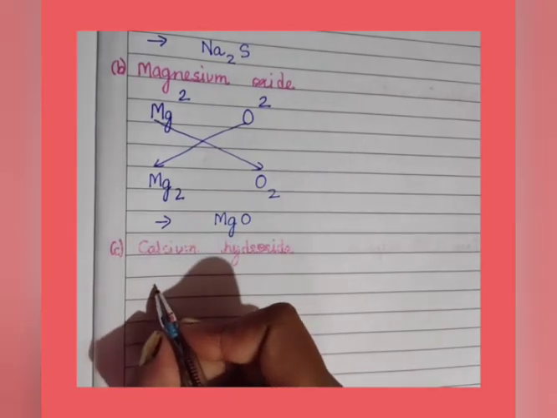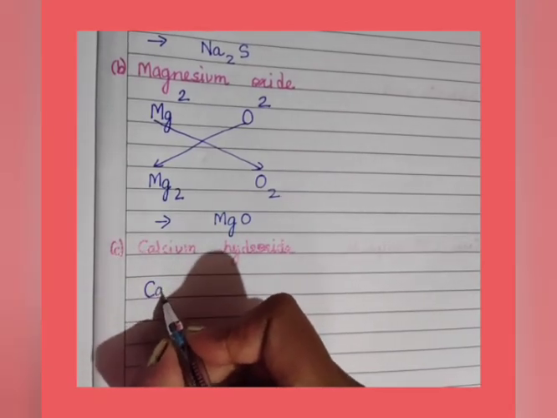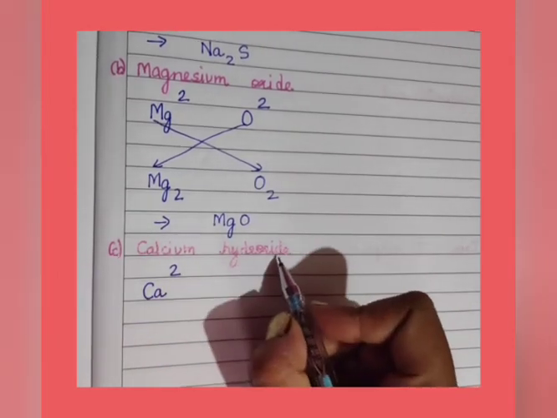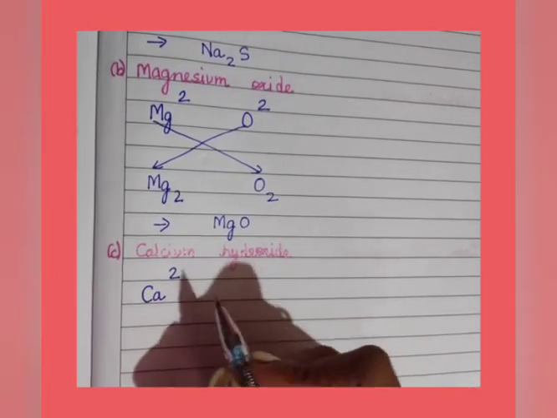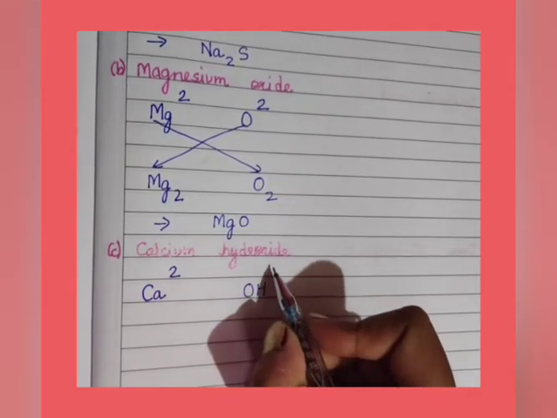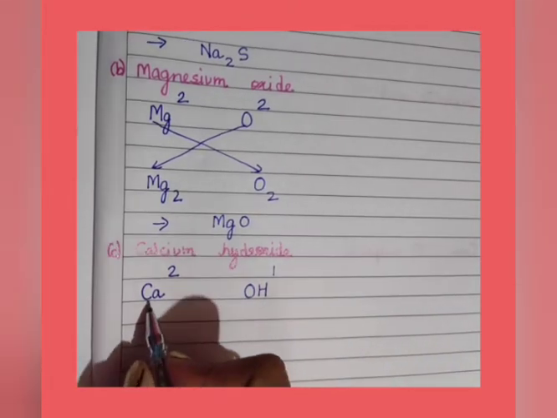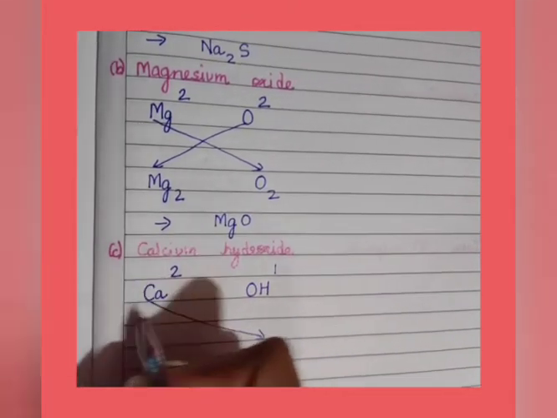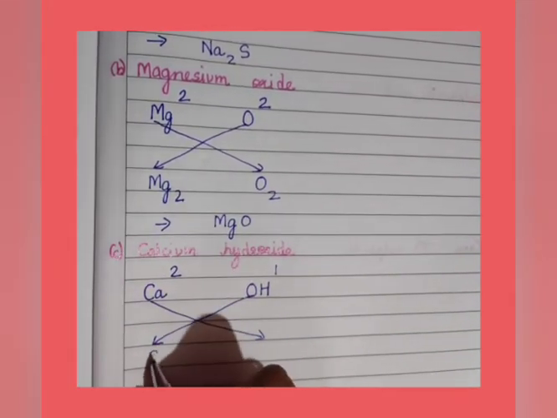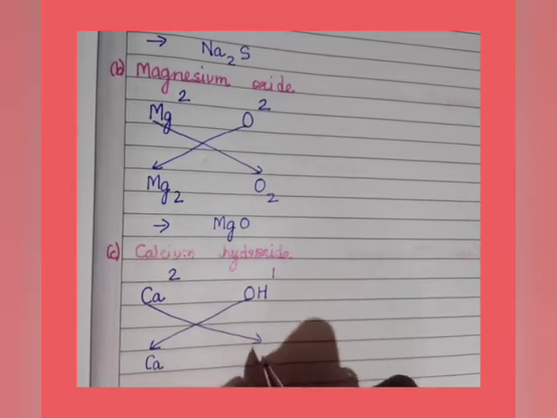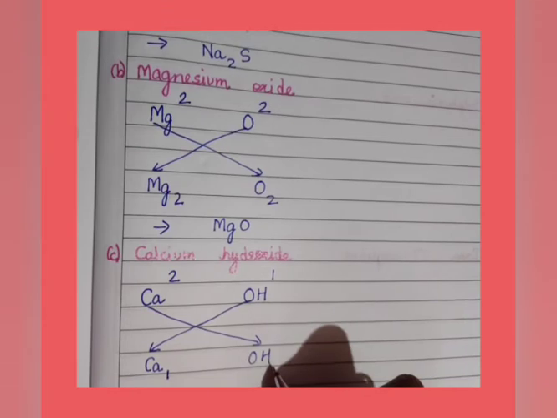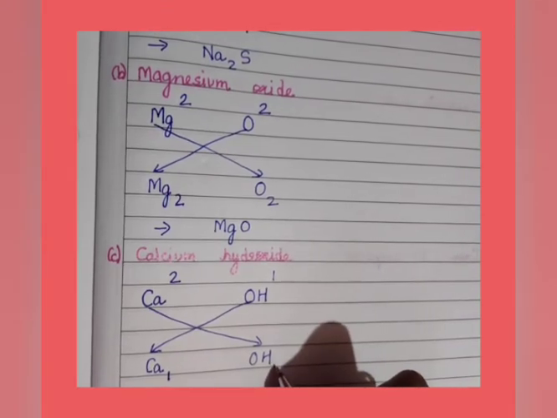Next example is of calcium hydroxide. Now the calcium symbol is capital C, small a, and its valency is 2. Hydroxide is a radical. So what is its formula? OH, and its valency is 1. Now they are going to interchange their valencies. When they interchange their valencies, 1 will come here and 2 comes here as subscript.